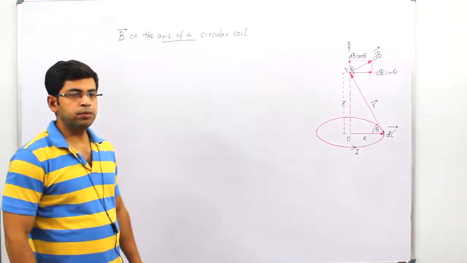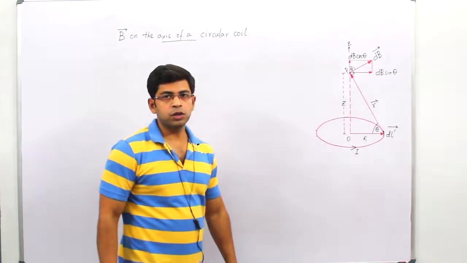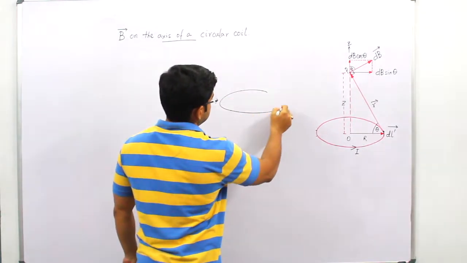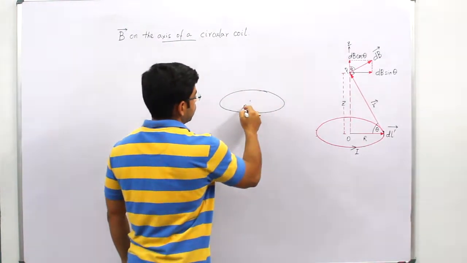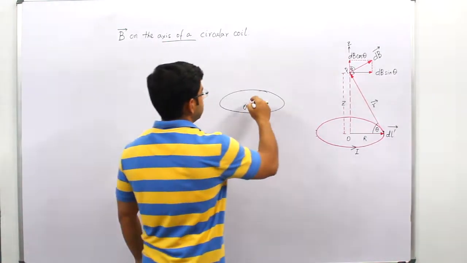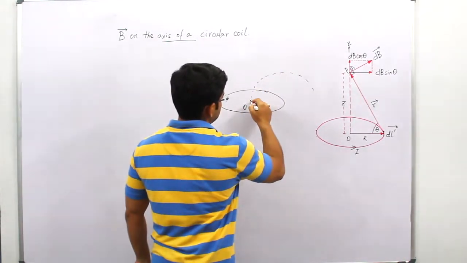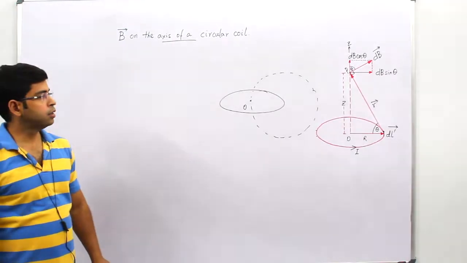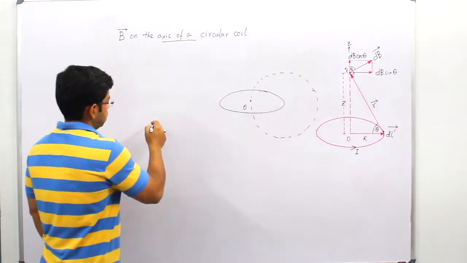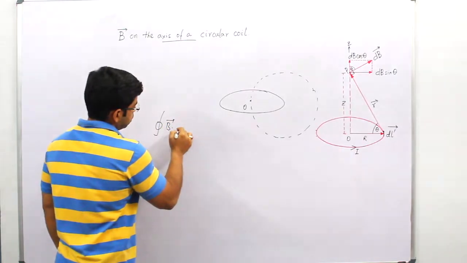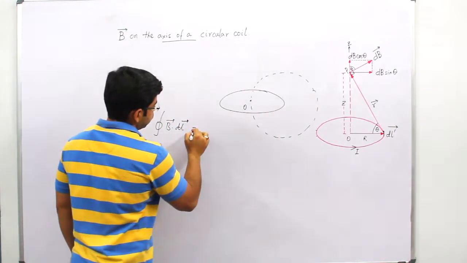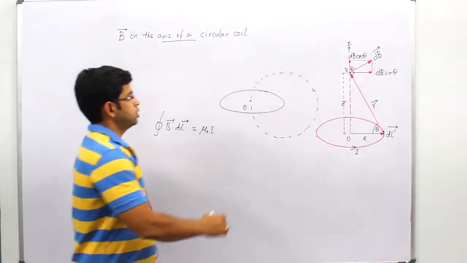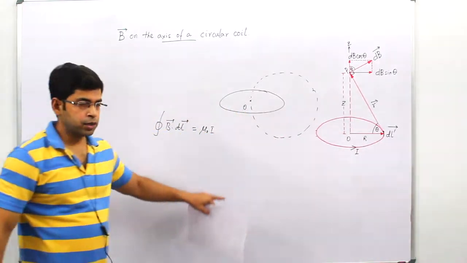Now for this particular problem, you might be tempted to use Ampere's law simply to calculate the field at the center O. For example, you have this circular coil, and you want to calculate the field B at the center O, so you will be considering an Amperian loop, a circular loop passing through the center. But you see, this is not possible here, since Ampere's law is the integral of B dot dl equals mu 0 I, where the integration dl is over the Amperian loop, given here as the dotted circle.